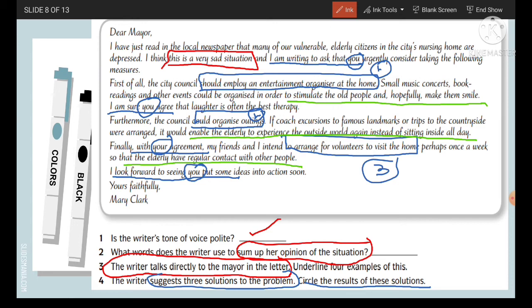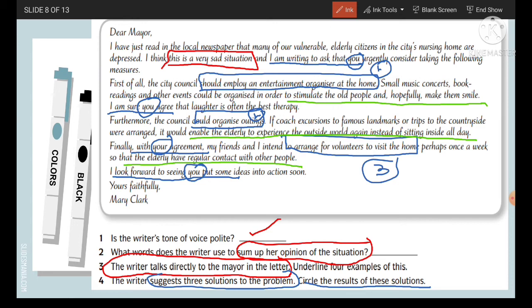Dalam surat tu, what you have to do, awak kena bagi cadangan and give example, and of course what the impact is toward the solution that you shared with the people that you write to. Okay, kena ada kesan. Jangan tulis cadangan semata-mata tanpa memberi sebarang contoh and kesan.